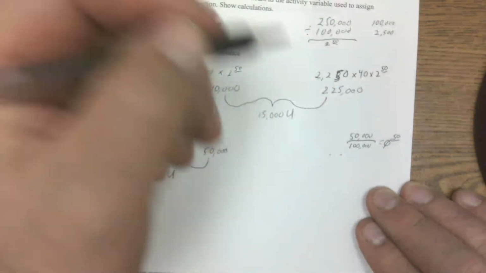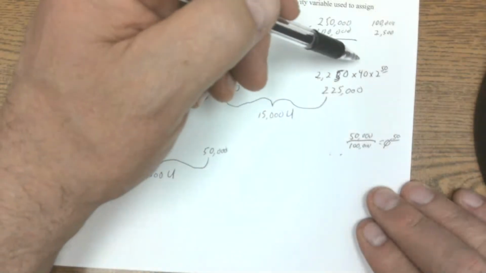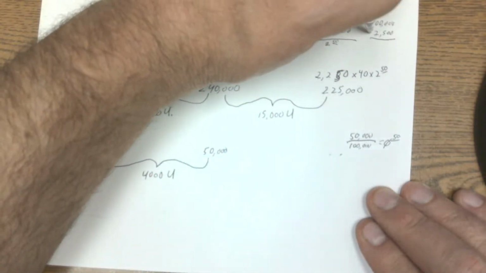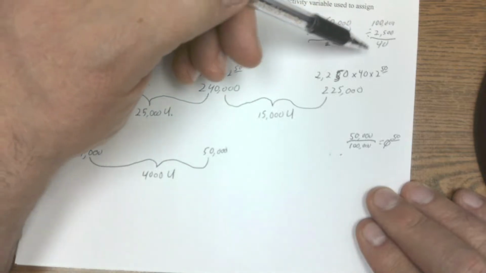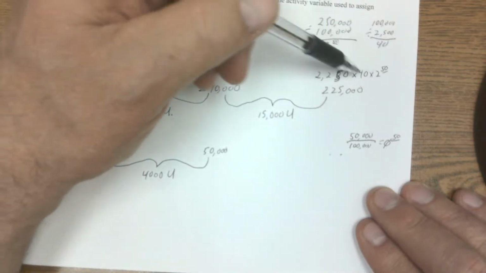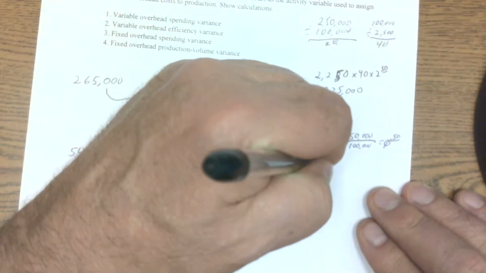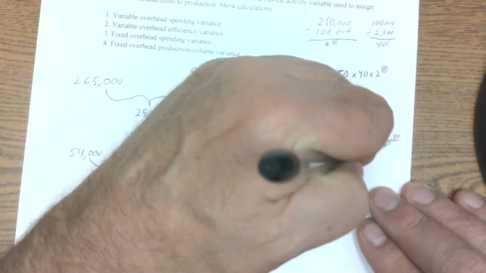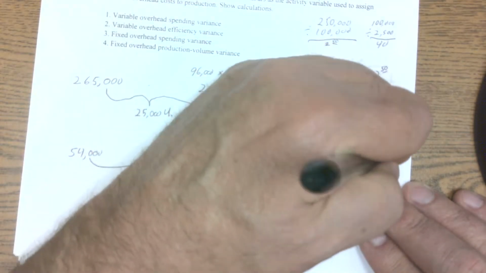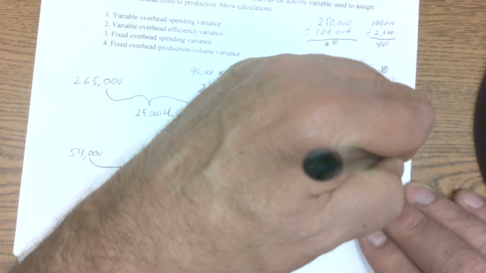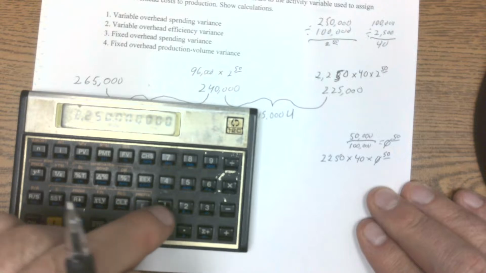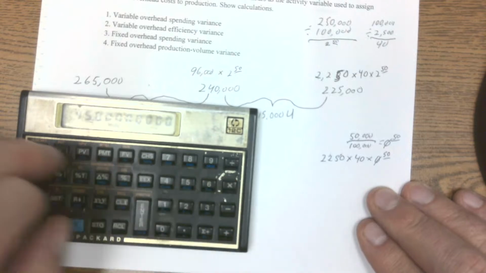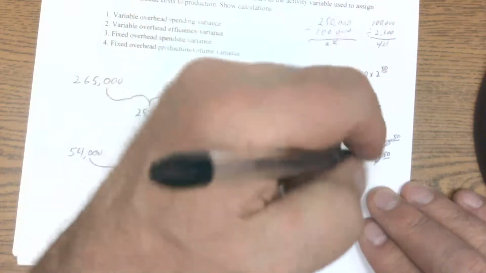Okay. Now the same standard of 40 hours here. I didn't finish that out, I just did it on the calculator. Same of 40 here applies, and the same number of units. So we have 2,250 times 40 times 50 cents. And so that's just 2,250 times 20 is 45,000.